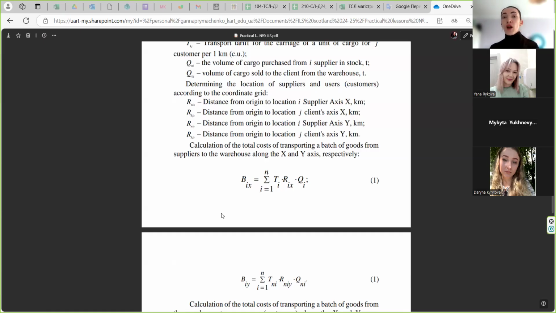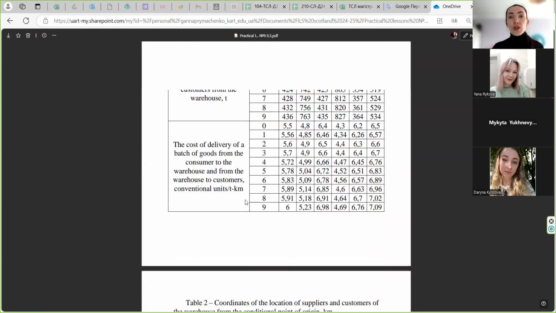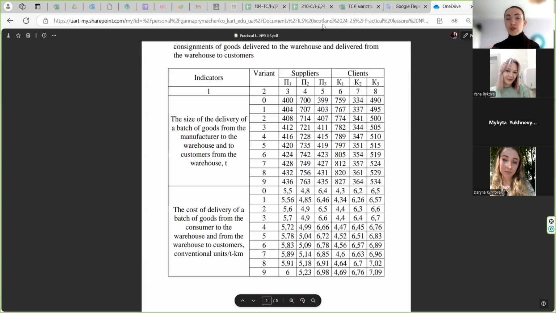So we used for our first supplier, I opened our first table, suppliers. For our first supplier, we find all three parameters and multiplied them.